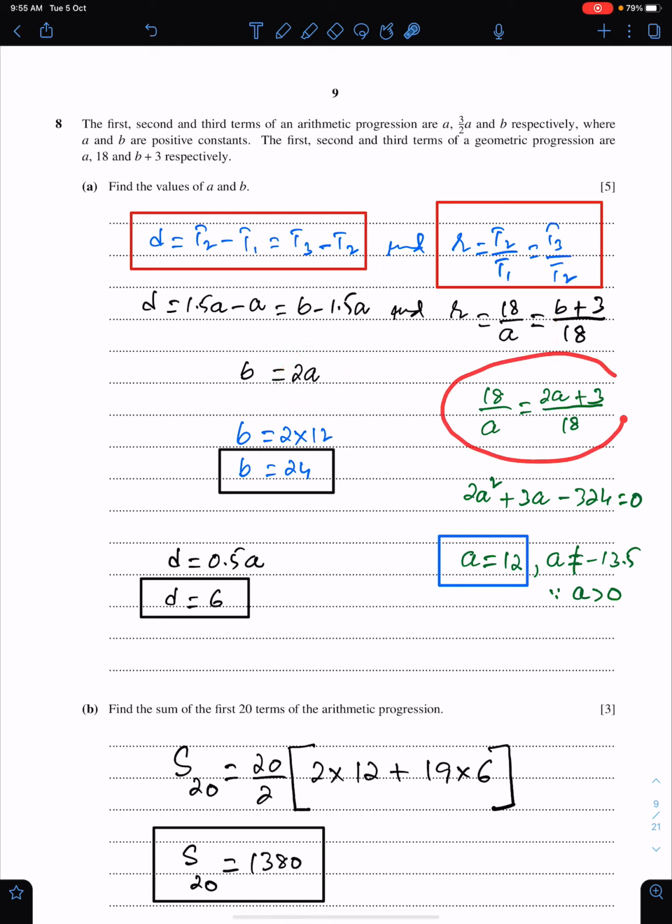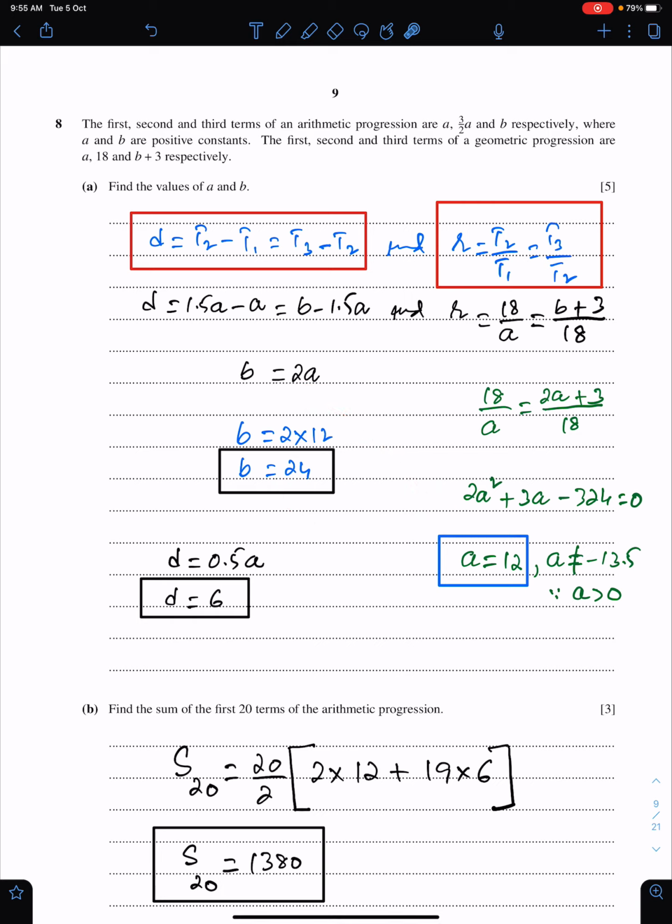When you solve this, you'll get the value of a, and you have to ignore the negative value of a because a and b are positive constants. After finding a, we can easily find b by substituting a here, and we can also find d by substituting a here. When you simplify this, you will get 0.5a. Since a is 12, d is 6.